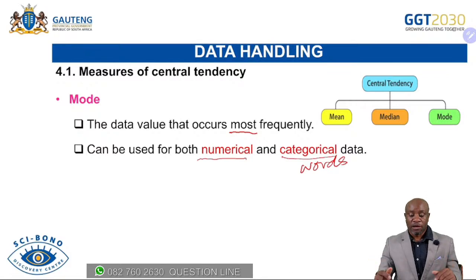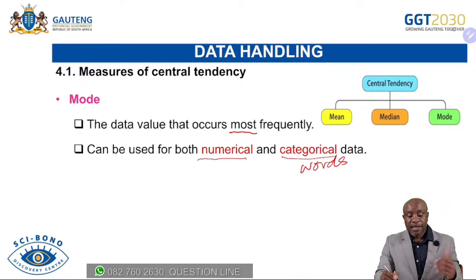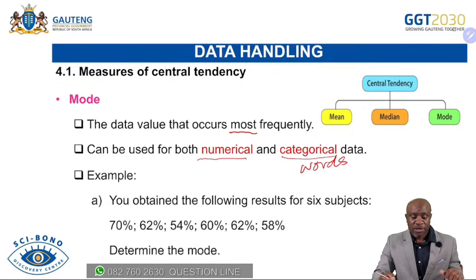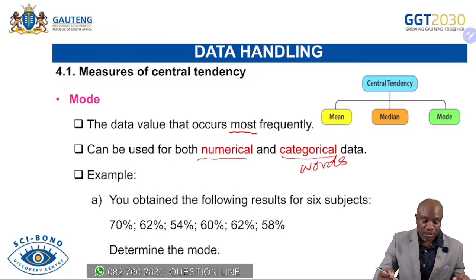We are describing your favorite team, your favorite car, a lot of other things. Those are not numerical values, but categorical values. Then for numerical, we talked about discrete and continuous. Let me correct that.